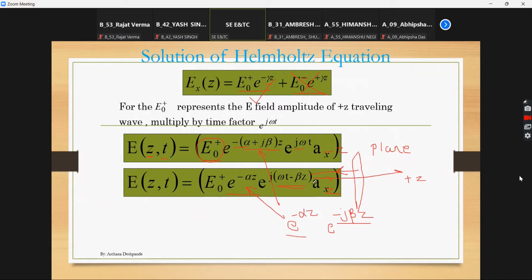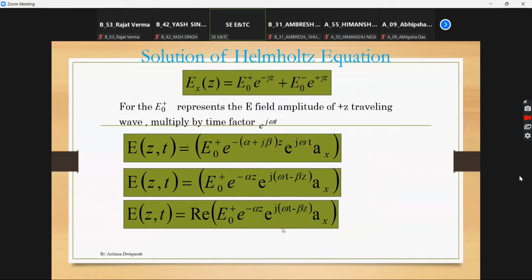And this is a bar x. So what I am writing is the electric field expression. This is the time-varying electric field of the incident wave. So far I am writing only about the incident wave. Okay, so this is a real part.